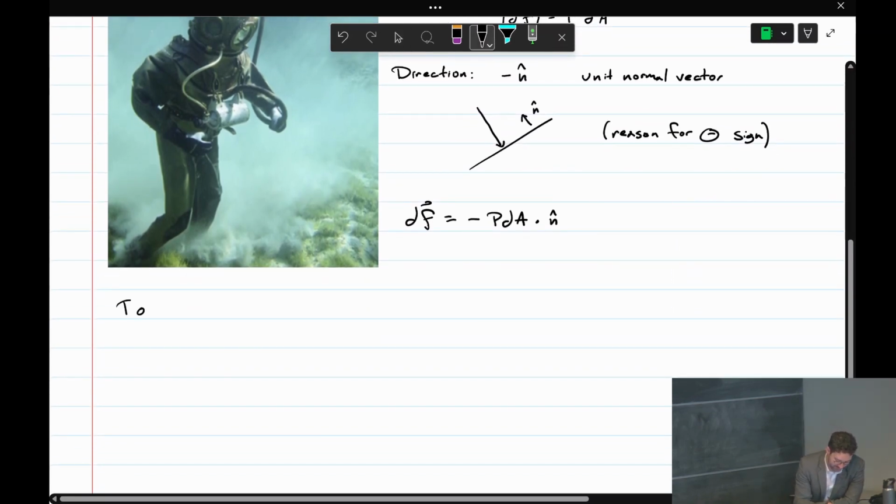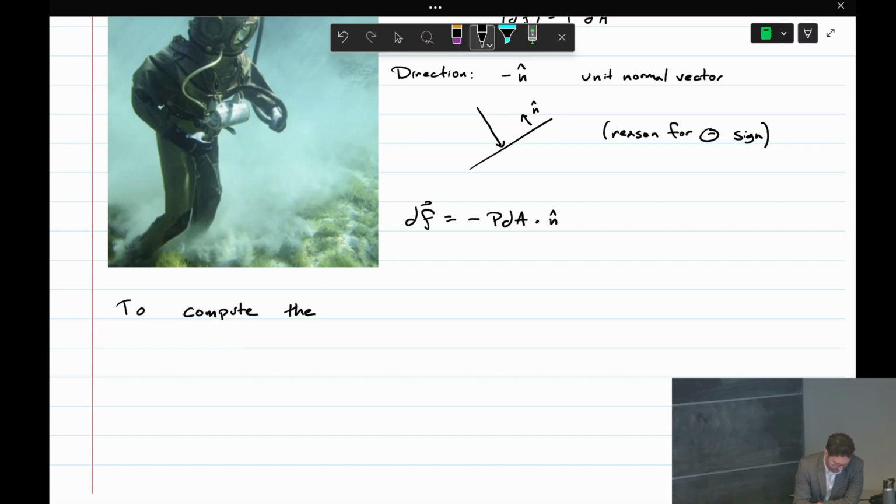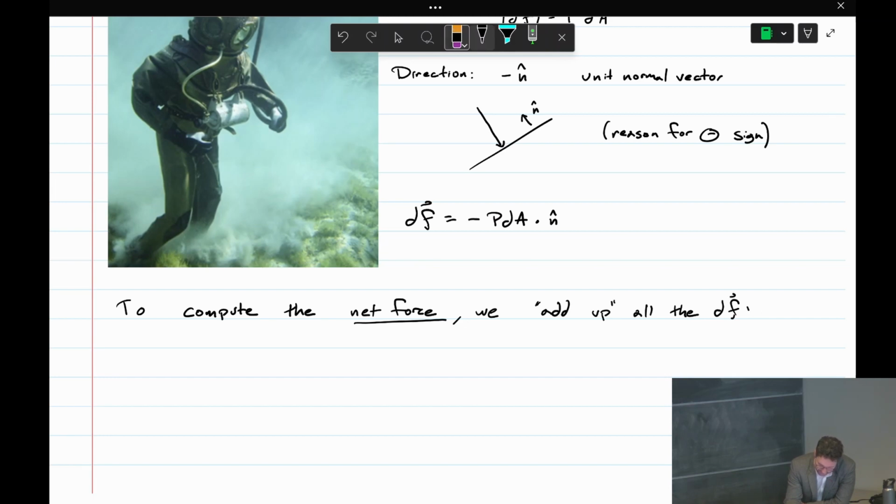So now, to compute the total net force, we add up all the dFs over this entire surface. So the forces experienced by every single little element on the surface, the dF's, the plural of dF.